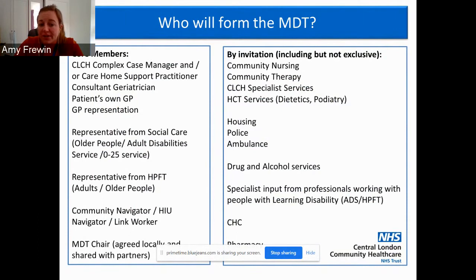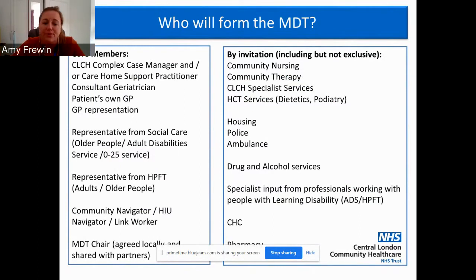We have consultant geriatricians now supporting all of the MDT meetings, either employed and working on behalf of us from West Herts Hospital Trust, or the Royal Free, so Barnet, supporting Hertsmere locality. We will be inviting the patient's own GP to the discussion of their patient, and the aspiration going forwards, once the primary care networks are established, is to also have GP representation who would be there for the whole meeting, in addition to the patient's own GP attending for individual discussions.